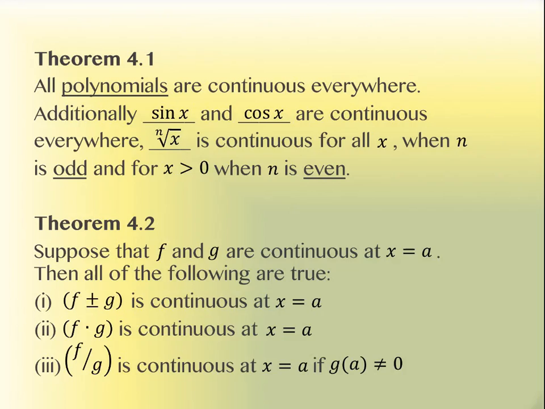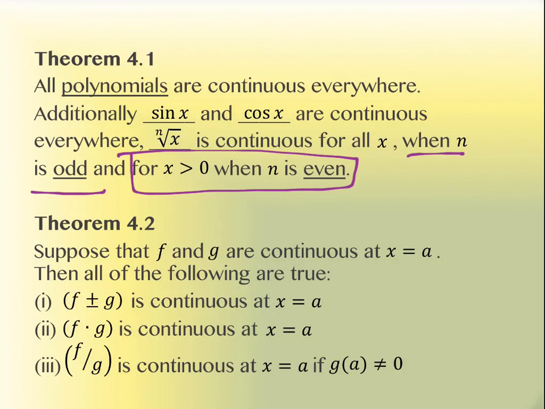So it talks about when n is odd, it's for all the values. And then for when n is even, we only have values x greater than 0. We can only talk about the limit greater than 0, continuity greater than 0. Okay. If it's an odd root, like a cube root, then you can do it everywhere because you can take a cube root of a negative number, and that's okay.